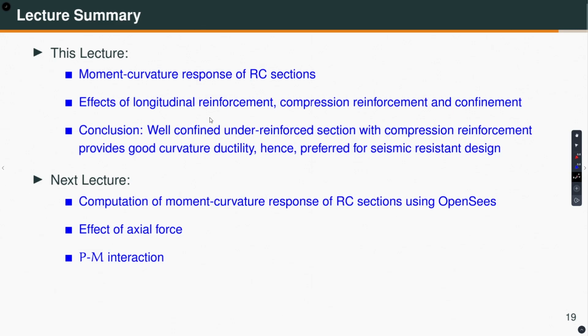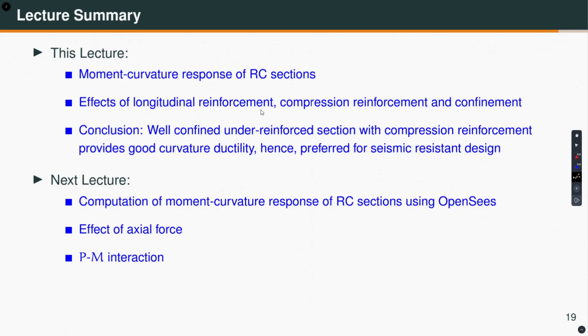Then we studied the effect of longitudinal reinforcement, compression reinforcement, and the effect of confinement, right. So, from this we can conclude a well confined, under reinforced, tension controlled beam cross section with some compression reinforcement provides good curvature ductility. Hence, these cross sections are preferred for seismic resistant moment resisting frames.